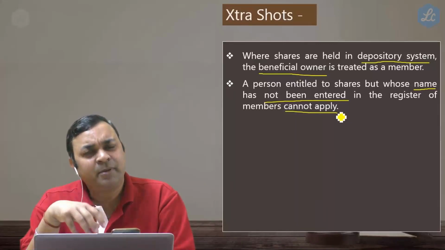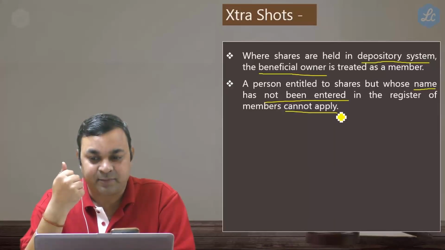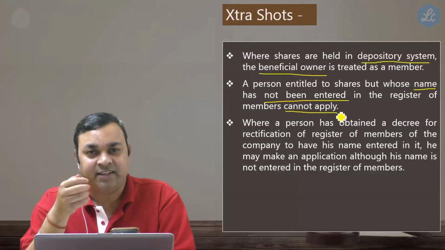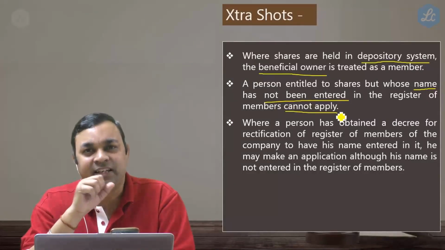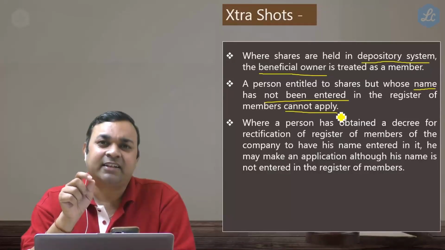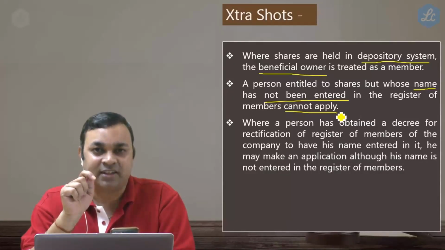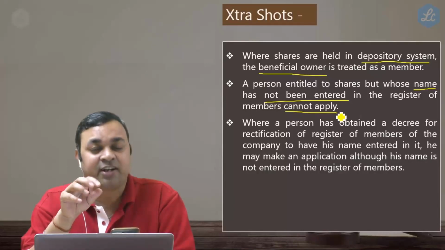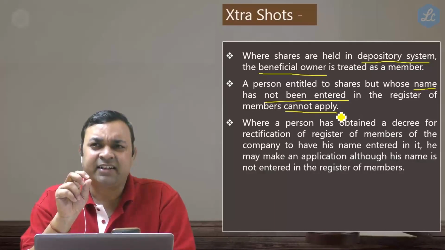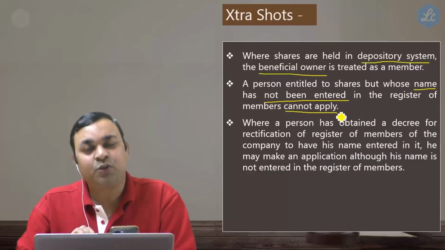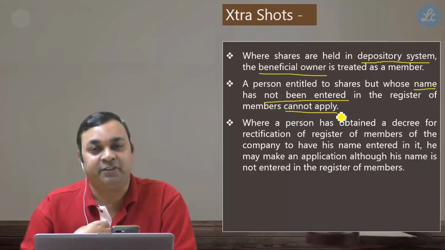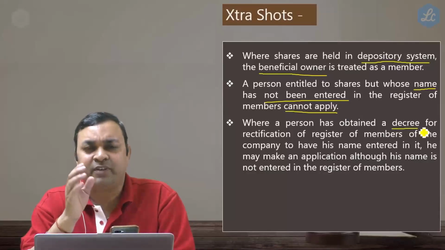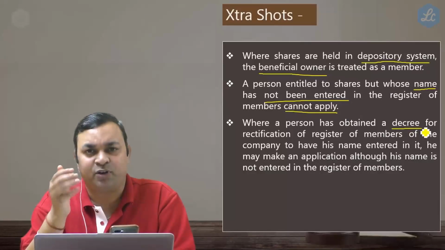Now there may be a different situation also. Third case: suppose a person applied to a court. In the last example, Mr. A dies. In that case, Mr. B, the son of Mr. A, applied for nomination, transfer or transmission of such shares. He applied to a court to obtain a judgment in his favor, which we can call a decree, so that his father's name should be removed and his name should be entered against this number of shares.